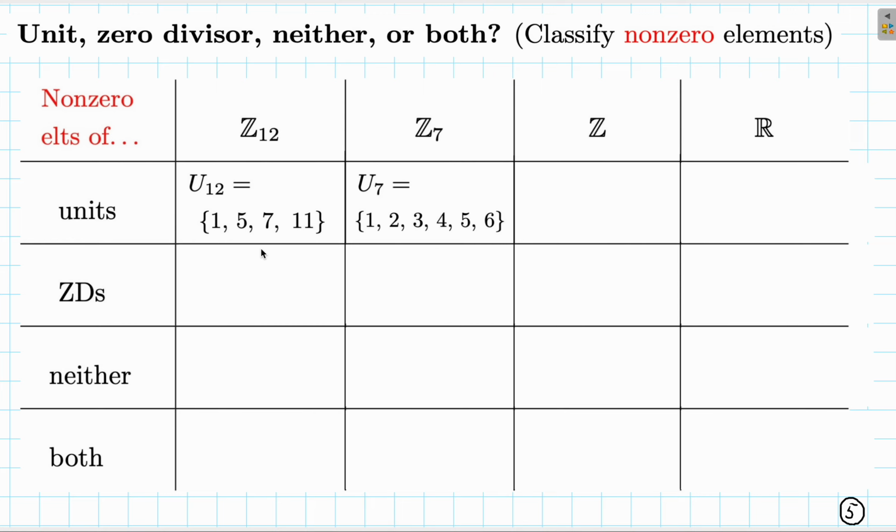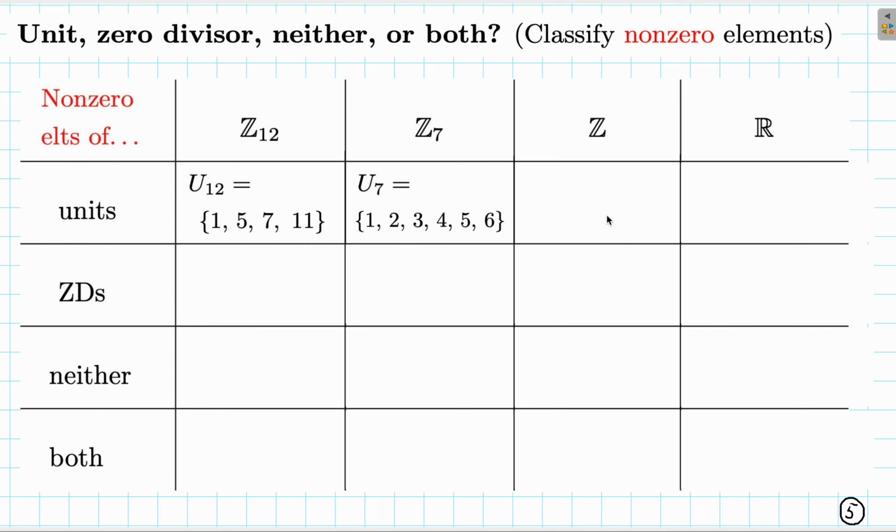Those are the elements of Z12 with multiplicative inverses. And in Z7, they're 1 through 6, all of them except 0. Now notice the notation U12 and U7. Those were precisely the set of elements in Z12 with multiplicative inverses, the set of elements in Z7 with multiplicative inverses. So now we know why those sets were called U12 and U7, because those were the set of units inside Z12 and Z7.